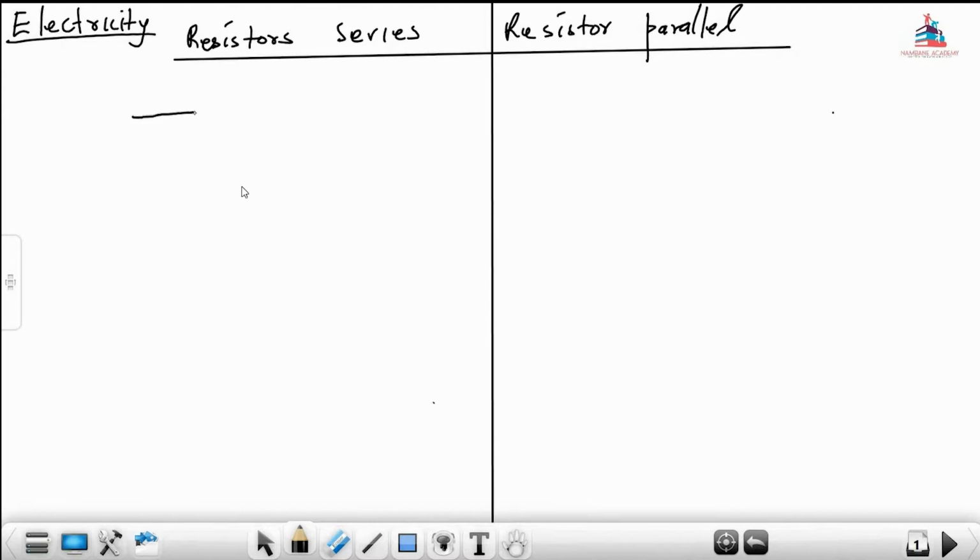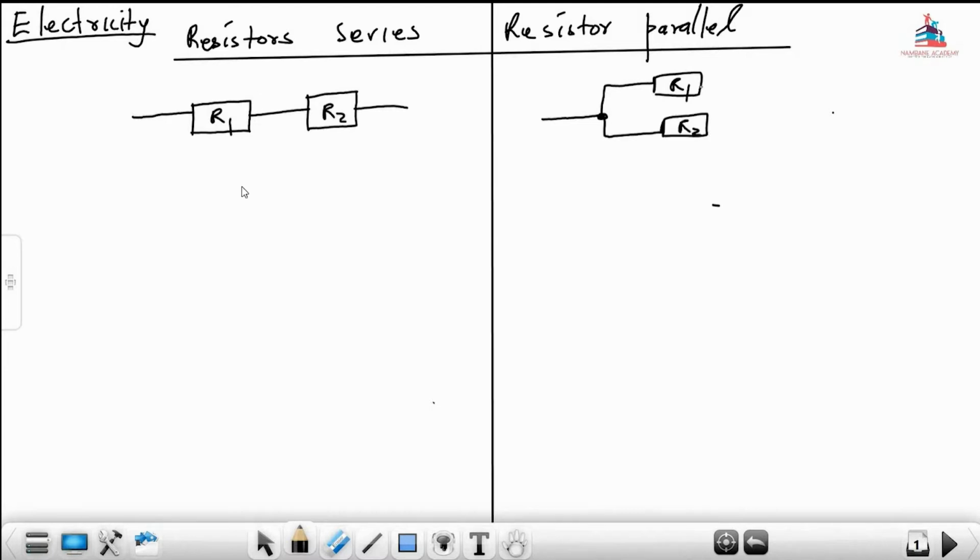So let's have a diagram of resistors connected in series. It will be resistor 1 connected to resistor 2, and let's have resistors connected in parallel. It will be resistor 1 and now resistor 2, and in that connection also.